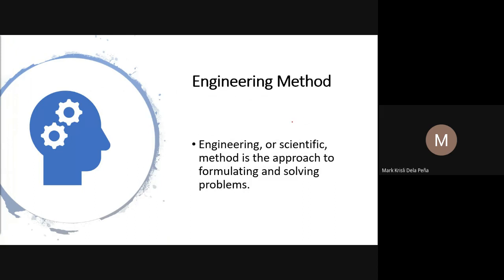Now, the method of formulating or solving problems which are done by engineers is called the engineering method. It's a scientific approach, a scientific method, which is the approach on how we formulate and how we solve problems. In the engineering methods, there are several steps on what we will do so that we can solve a specific problem.